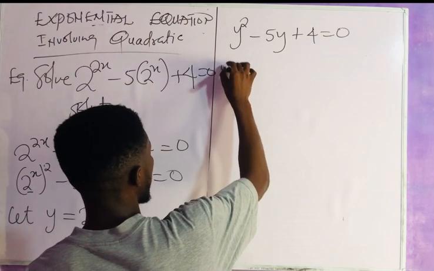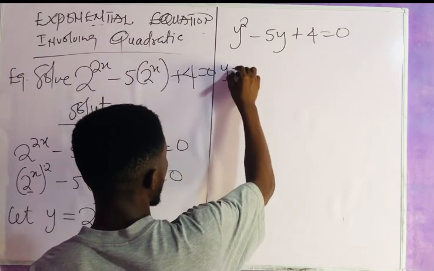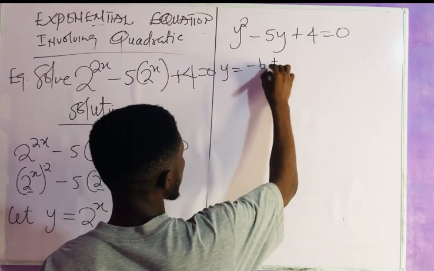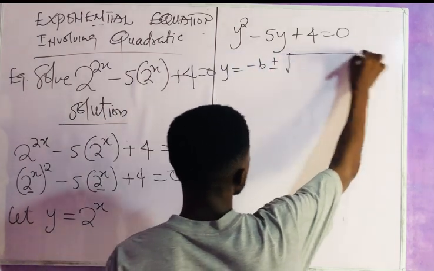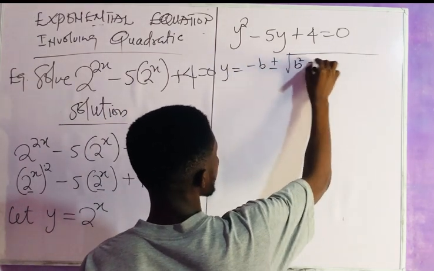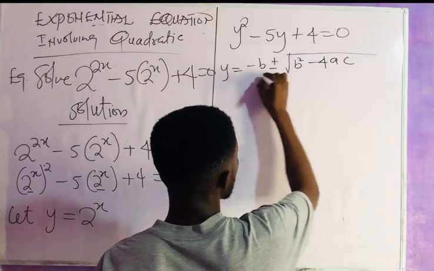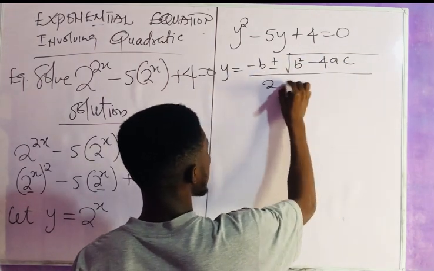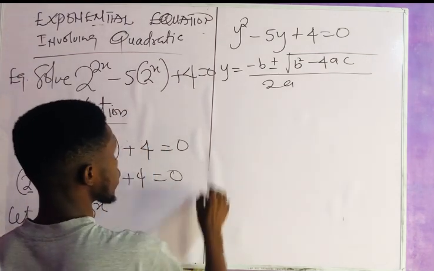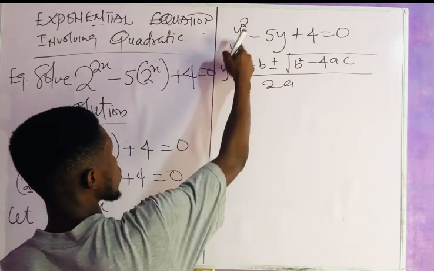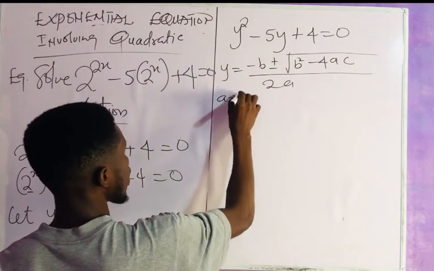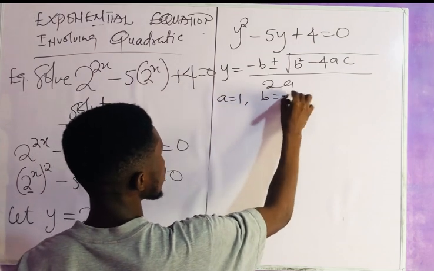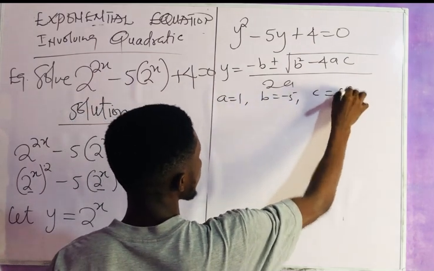The almighty formula is in the form: x equals minus b plus or minus the square root of b squared minus 4ac, all divided by 2a. From here, the coefficient of y squared is our a, so a is 1, b is equal to -5, and c is 4.